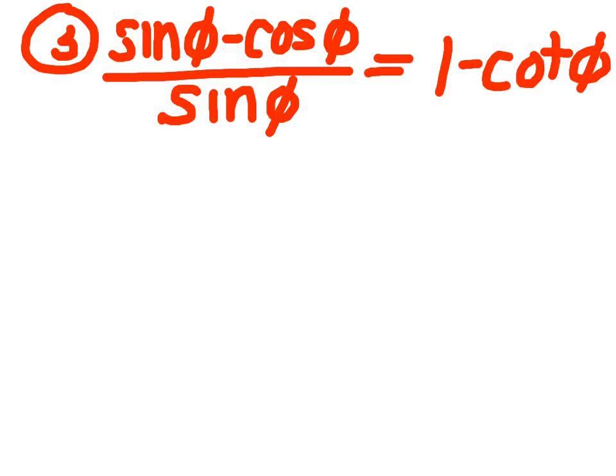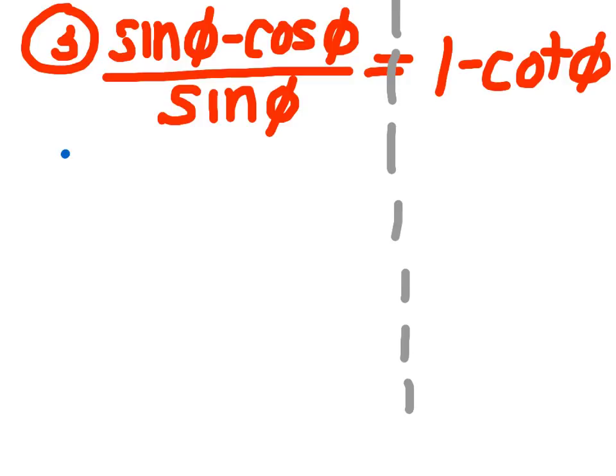Okay, so we are moving on to number 3. If we look at number 3, this time both sides of the equation look a little bit more complicated, but I'm really going to focus on the left side again. And the reason why I'm choosing the left side is that we have fractions and things that are being added, so I think that makes it a little bit more complicated. This is very similar to our first problem where there are multiple ways that we could solve this.